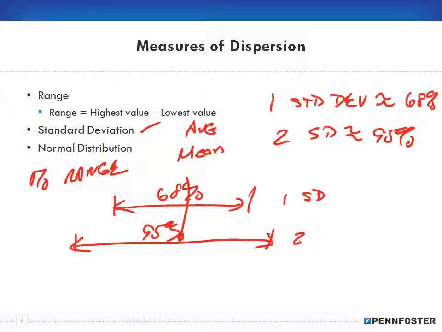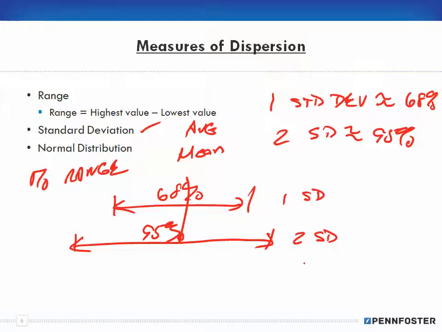But the point being is that all of the data falls within, for 2 standard deviations, 95, and I'm going to use that number, 95% around the average mean.